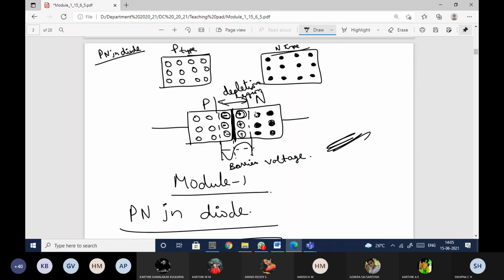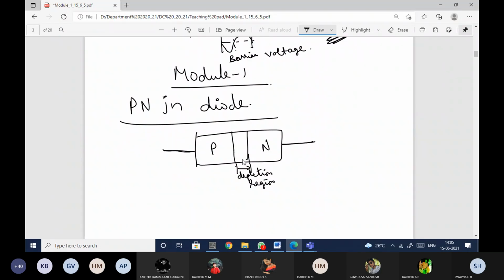So in order to make it conduct, I need to provide an additional voltage to it. That is what we are going to study in this PN junction diode.